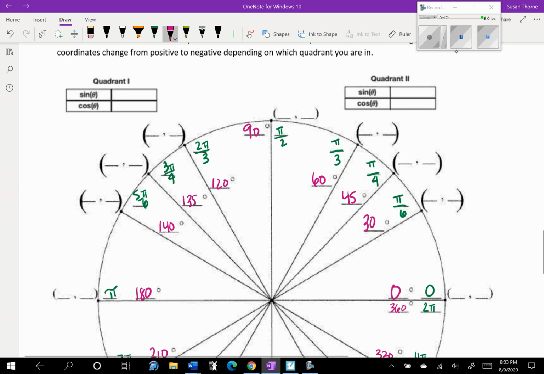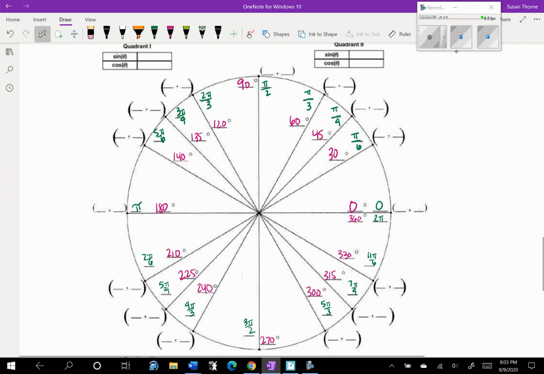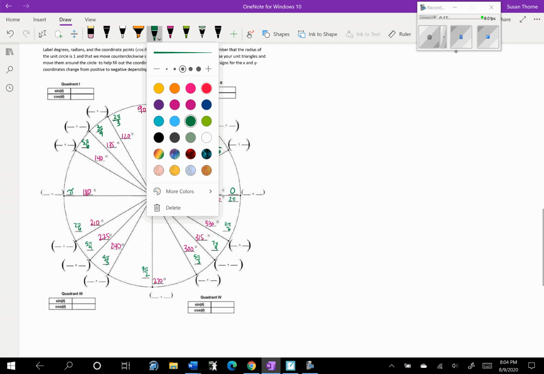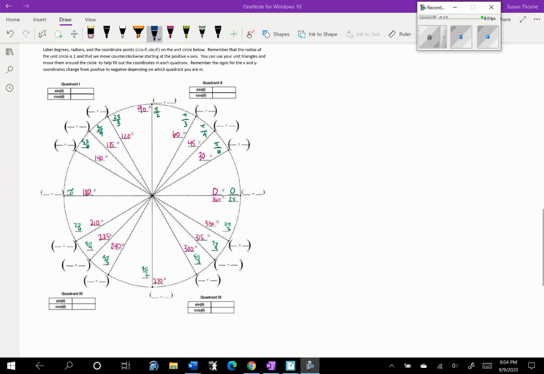So let's now finish labeling our triangle. We learned this last year, but we're going to fill out our values for the coordinate ordered pairs. Remember, it's cosine of the angle comma sine of the angle. First we start with 30 degrees, so we're looking at this triangle here.